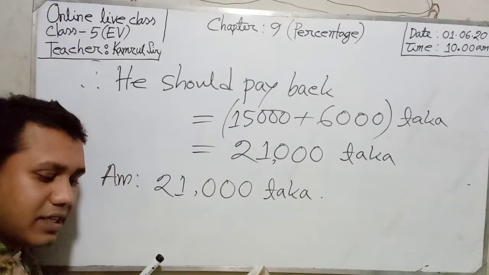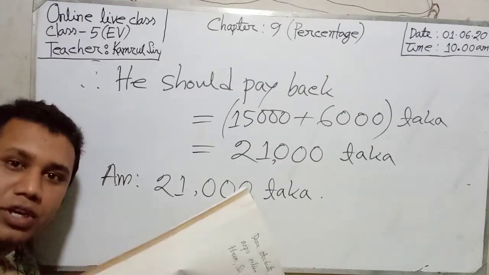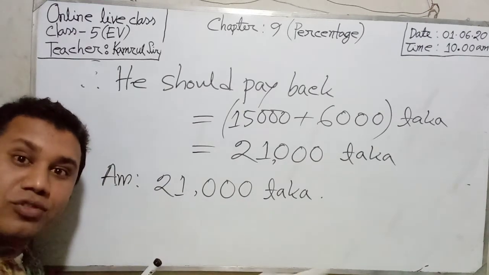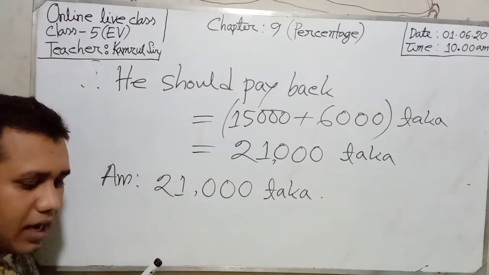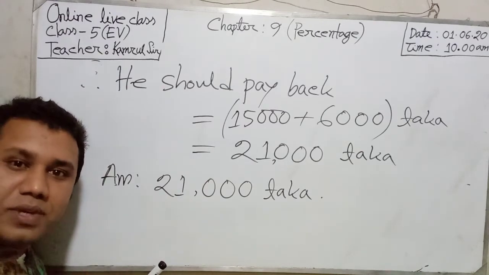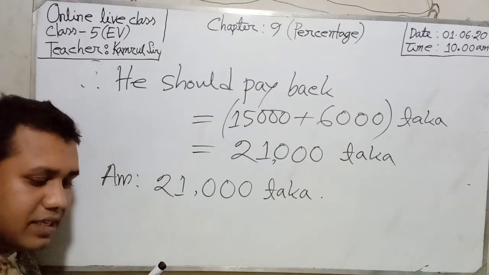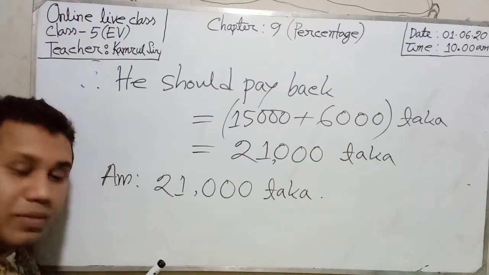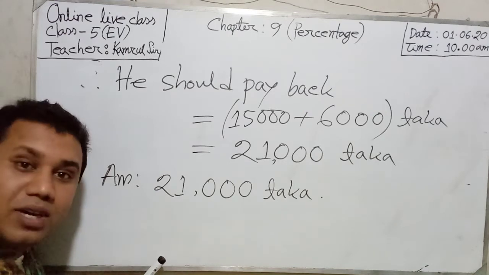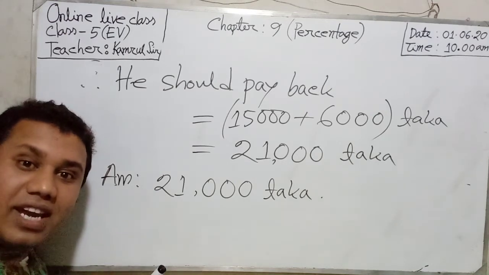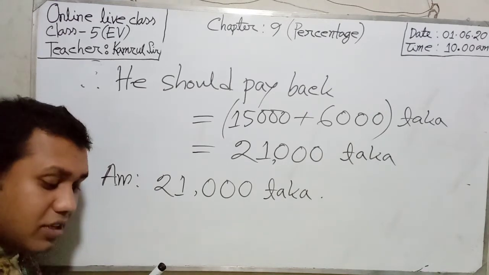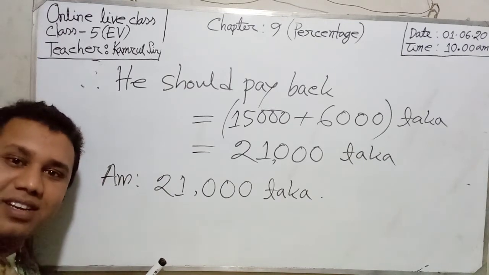So this 98,000 taka includes both principal and interest. And we know the principal is 50,000. So if we subtract 50,000 taka from 98,000 taka, we will get 48,000 taka. So this 48,000 taka will be our interest.